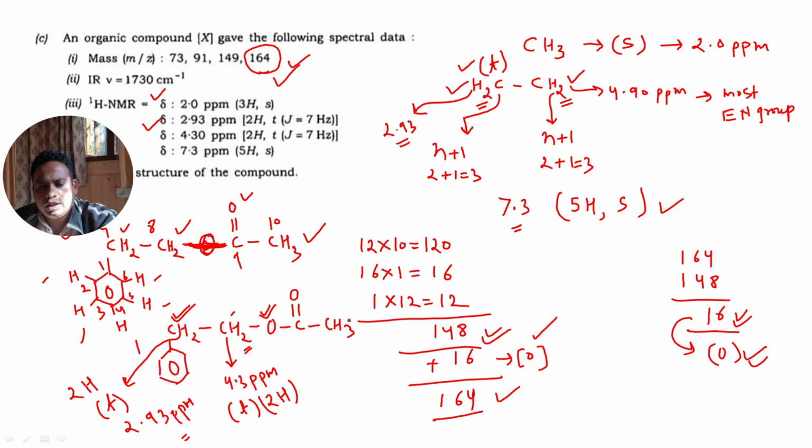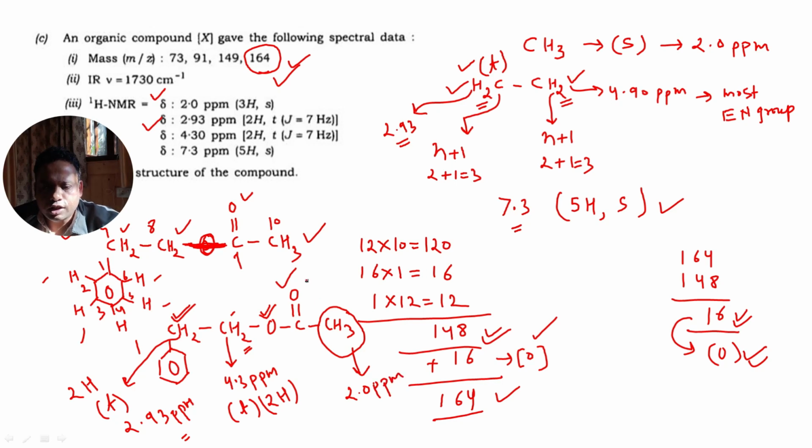And this CH3, which is near to the electronegative carbonyl group, is electron withdrawing, but not that much. So this will shift the signal slightly downfield, and it will resonate somewhere around 2.0 ppm.